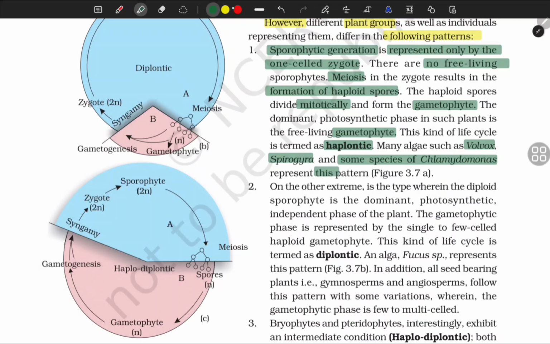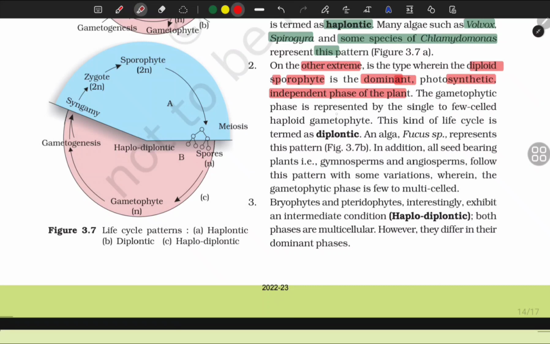Number 2. On the other extreme is the type wherein the diploid sporophyte is the dominant photosynthetic independent phase of the plant. The gametophytic phase is represented by a single to few-celled haploid gametophyte.